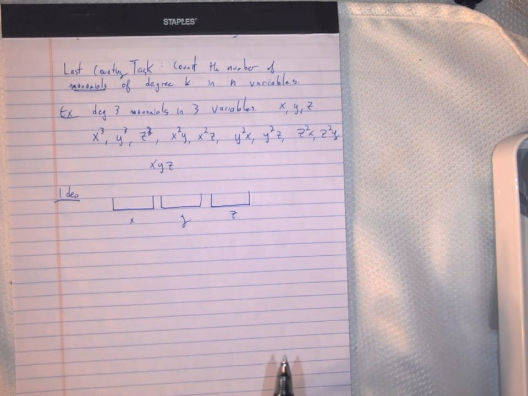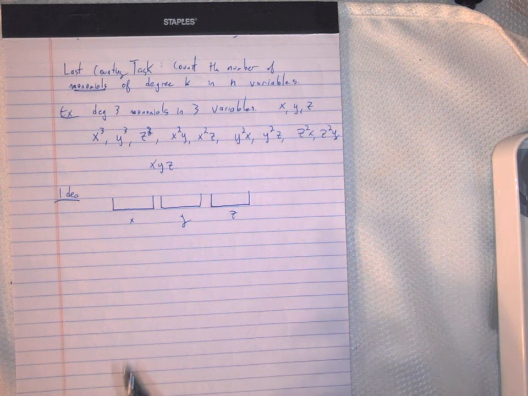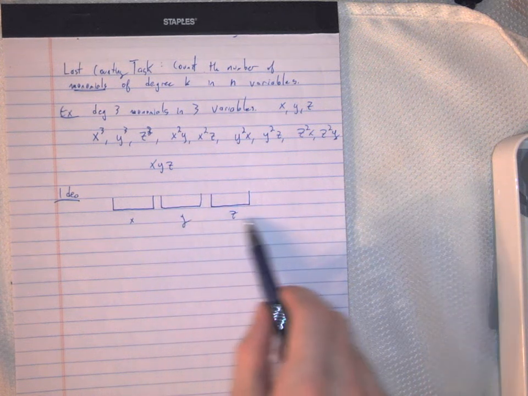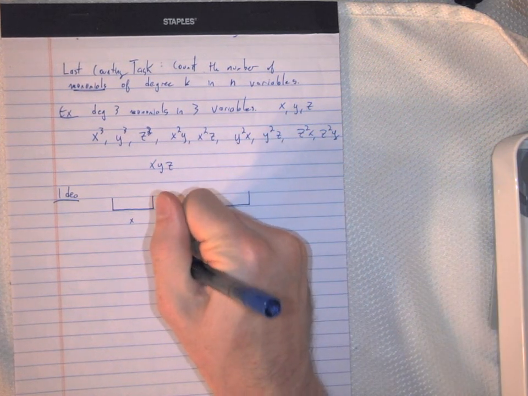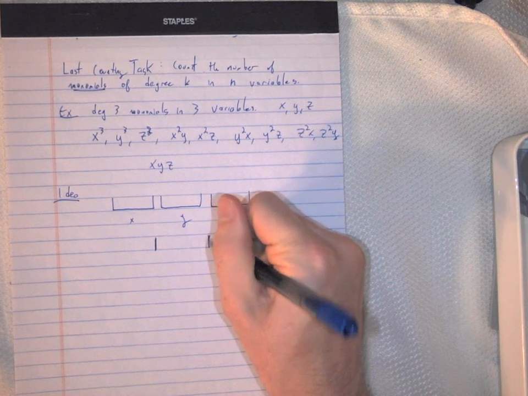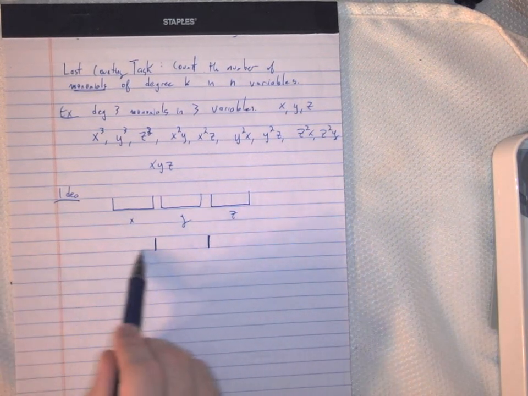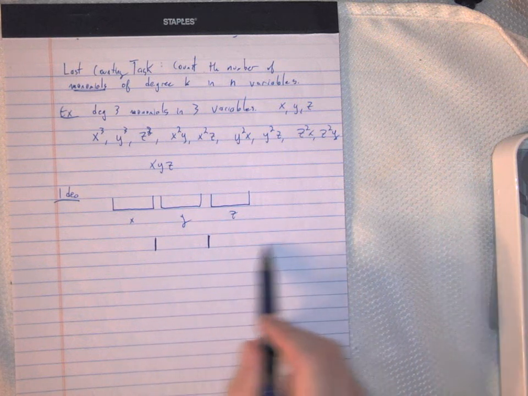And I'm going to come up with a counting scheme that allows me to denote one of these monomials. So there are three baskets. So what I'm going to do is I'm going to really think of that as being divided by two ones. And so now all this space is where the x's live, this space is where the y's live, and then this space is where the z's live.